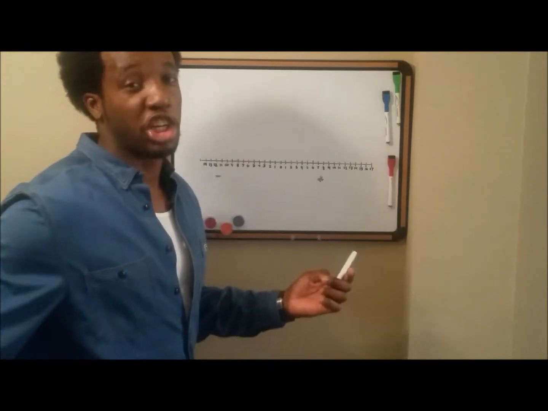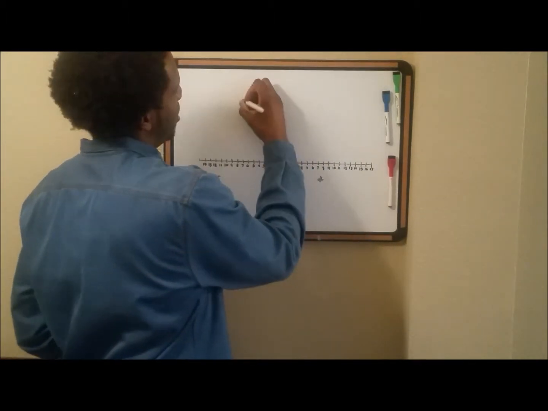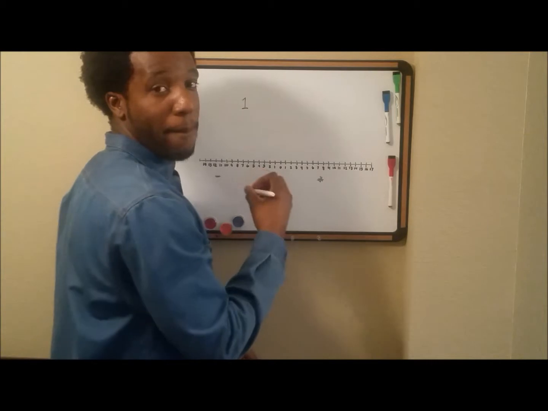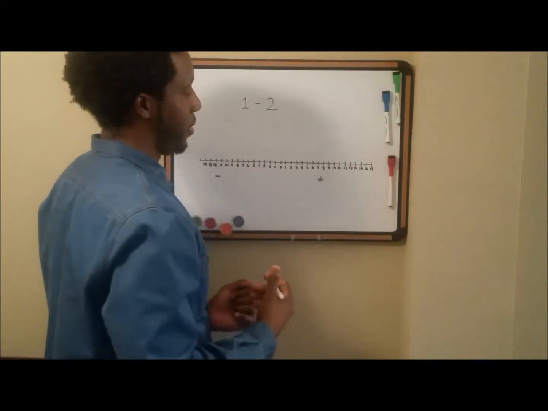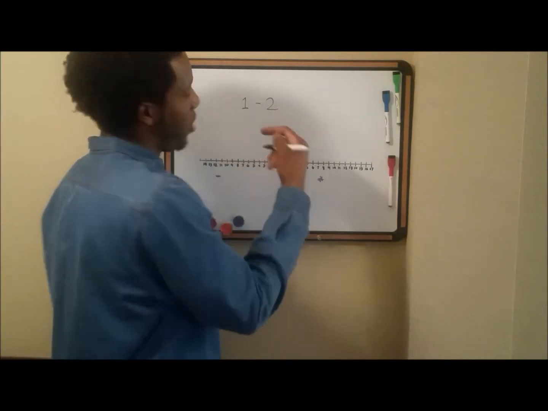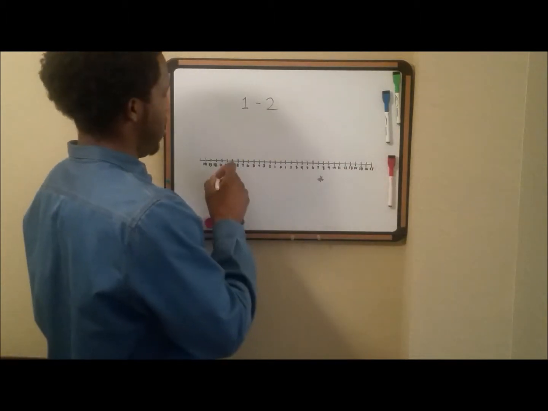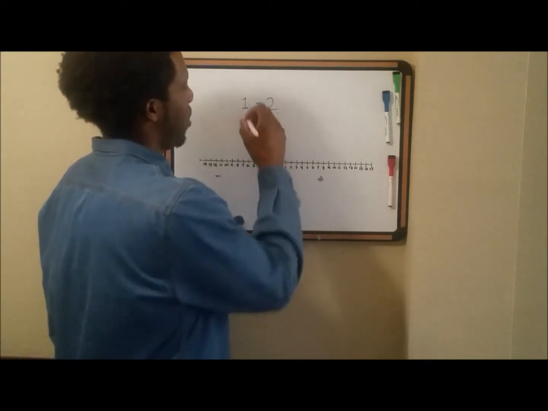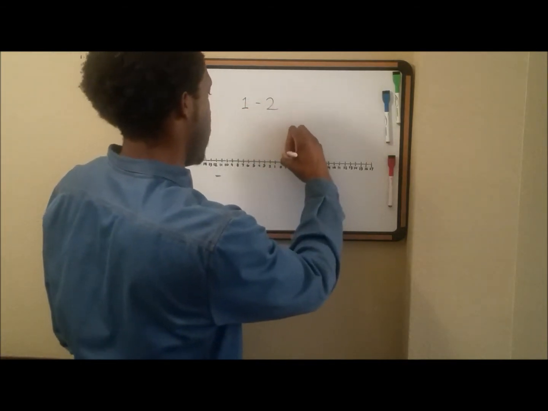So I can show y'all this on the number line. I want y'all to see it. So let's say 1 minus 2. Now on the number line, anytime you have negative, you go left. Anytime you have positive, you go right. Negative, positive. All right, so you start off with 1, positive 1.